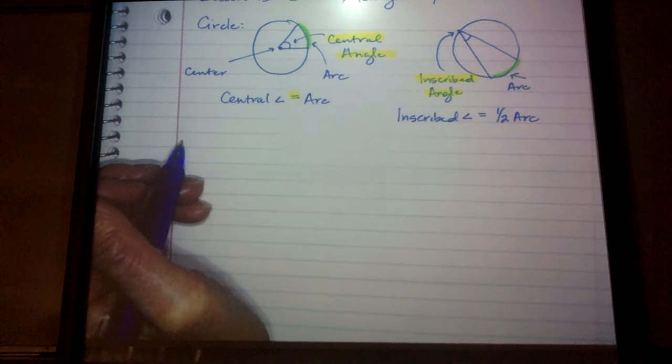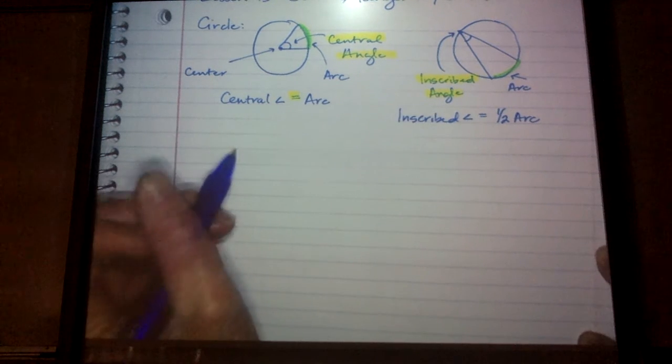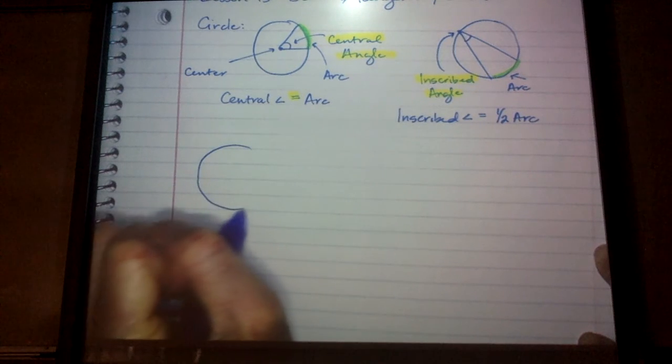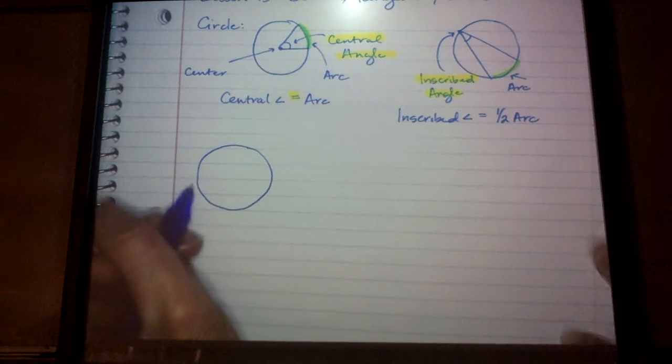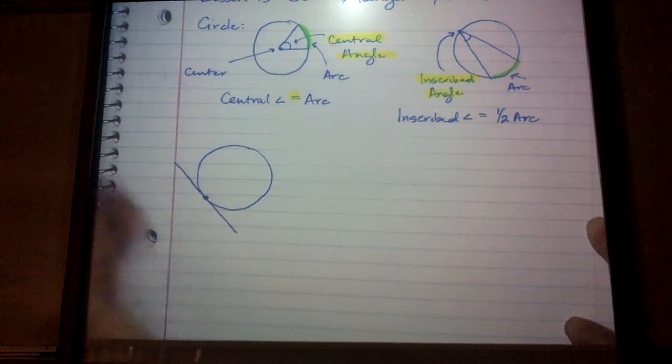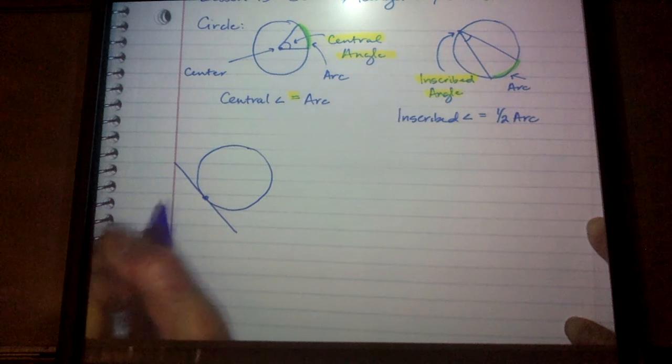The second part is the difference between chords, secants, and tangents. I'm going to go over the three. This is an example of a tangent line.